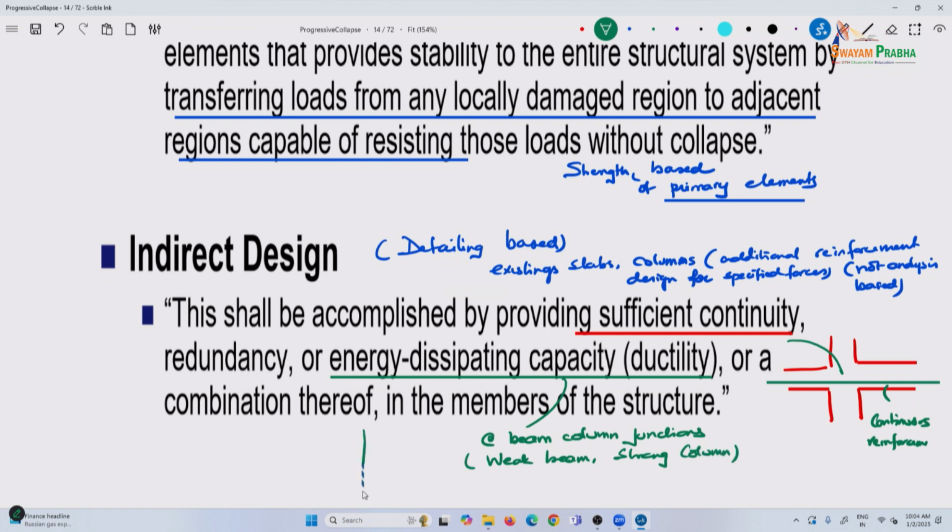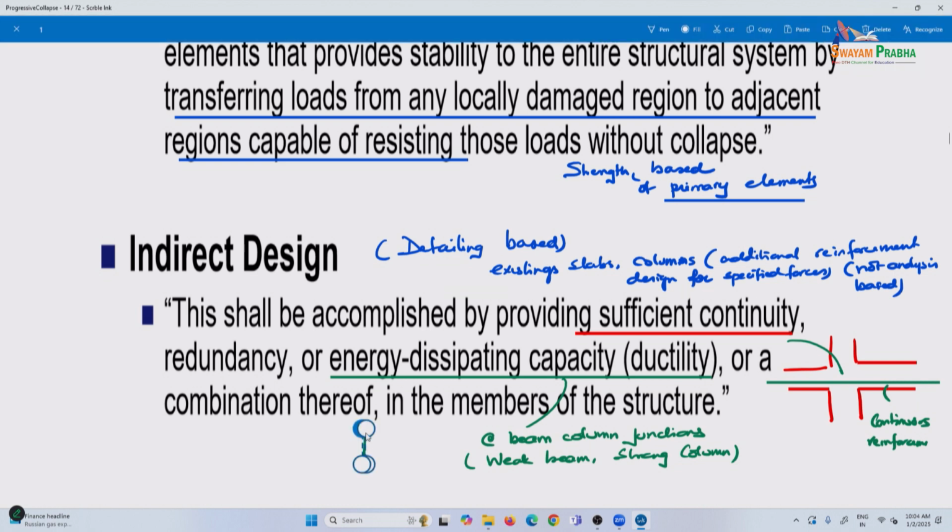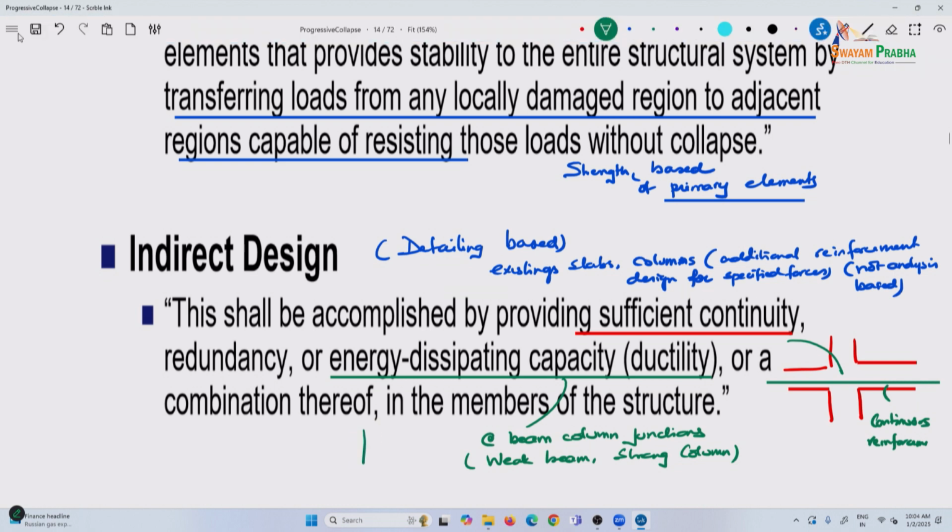So, if you have a plastic hinge formation, if say this is your column and a beam, you will design such that the hinge forms in the beam. The plastic hinge forms.